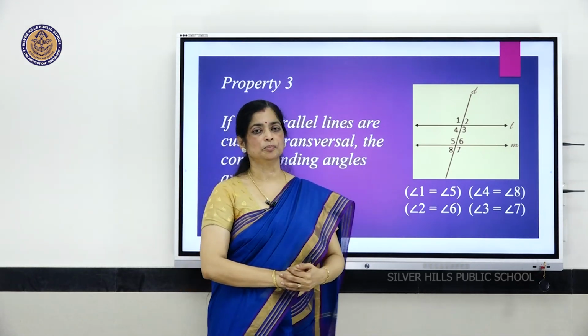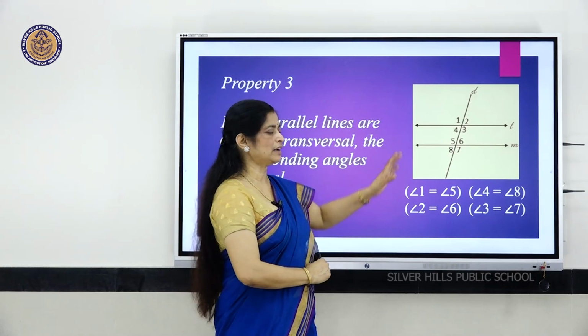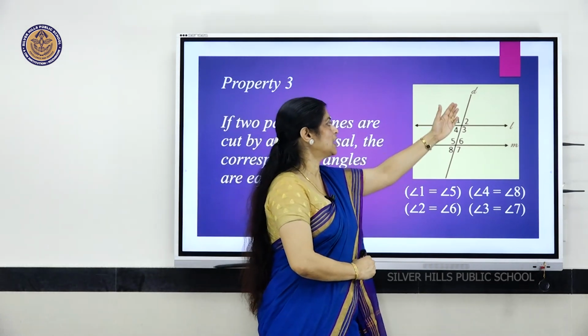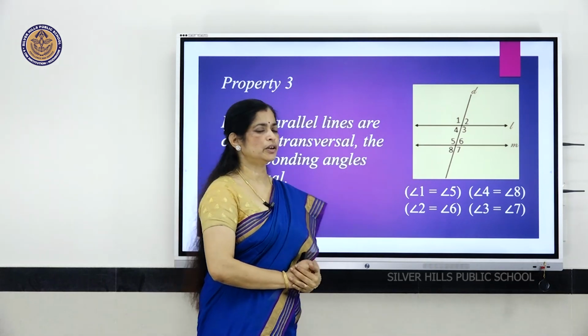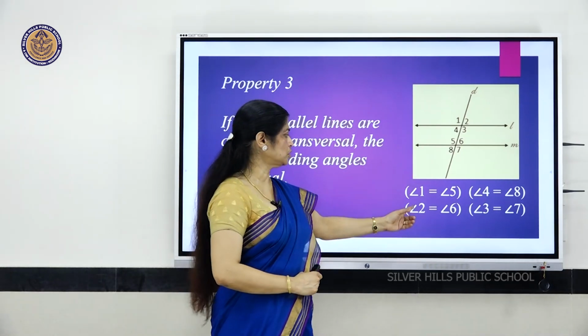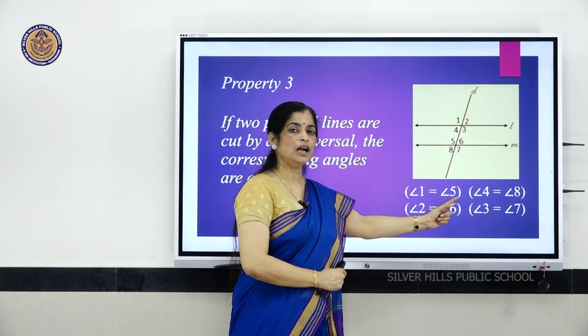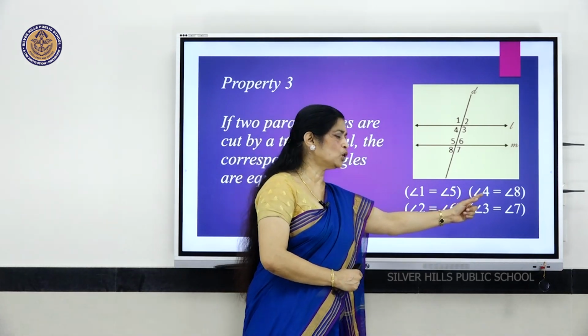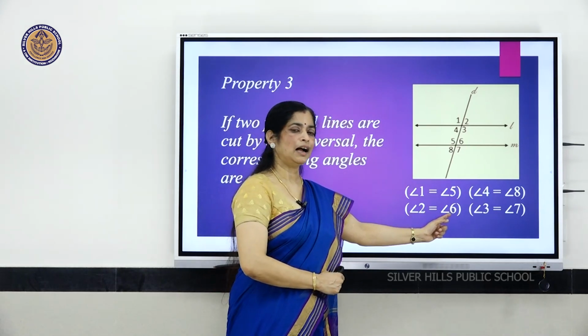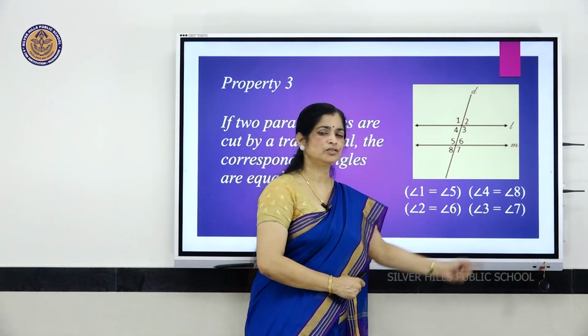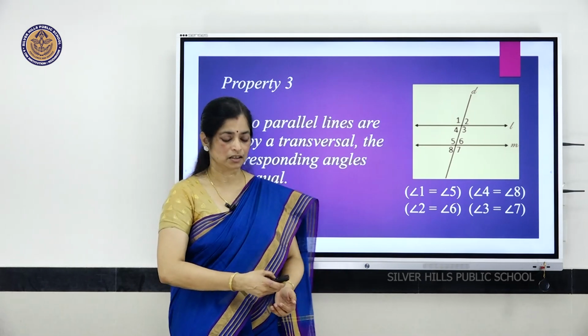These angles will be equal if they are parallel lines. So, whenever a transversal cuts parallel lines, the corresponding angles have to be equal. Angle 1 is equal to angle 5, angle 4 is equal to angle 8, angle 2 is equal to angle 6 and angle 3 is equal to angle 7.